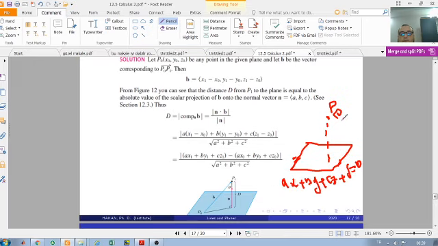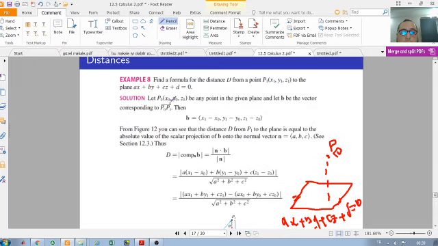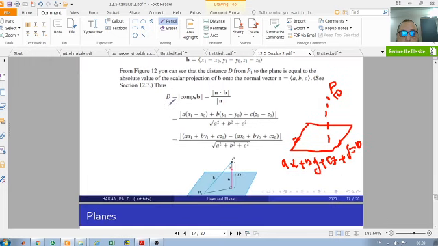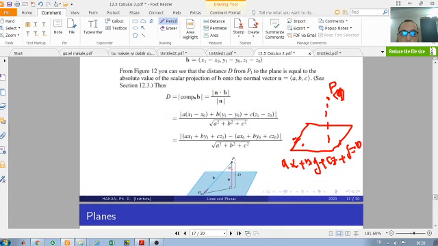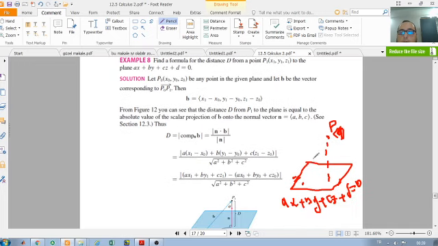Okay, in the example this point is stated as P1. P0 is the point on the plane. So how can we find the distance, stated by capital D in the example?